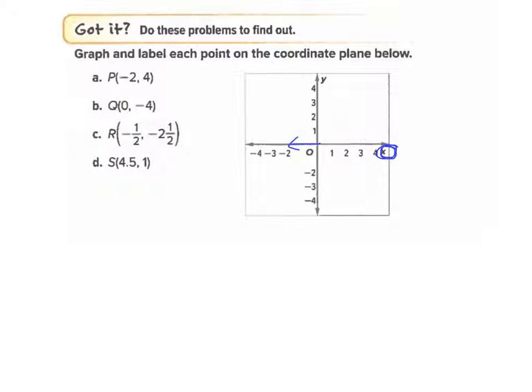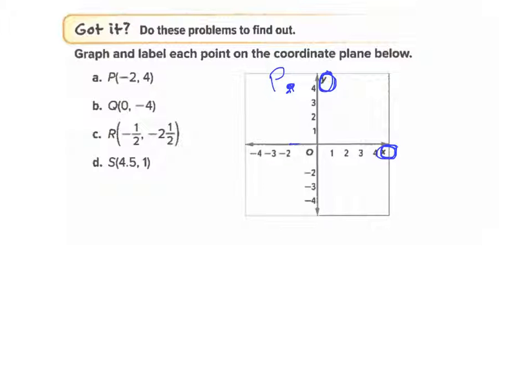Second number is 4. That's for my y-axis. That's going up and down. So I'm going to go up 4, and that's where I place my point at -2, 4. It was the point P, so I label it point P.